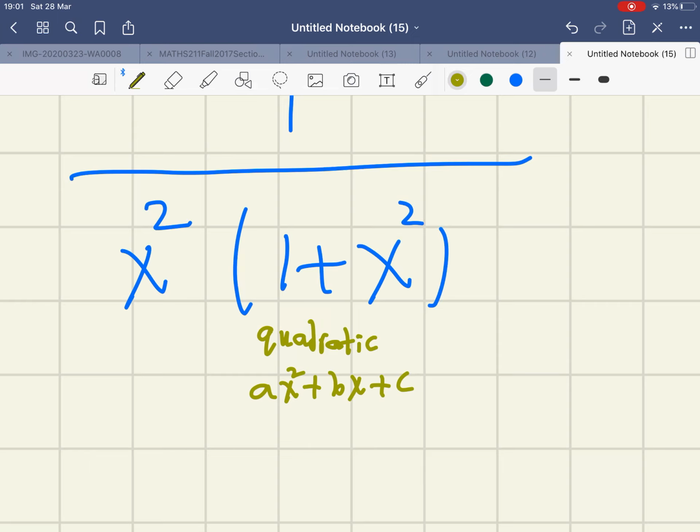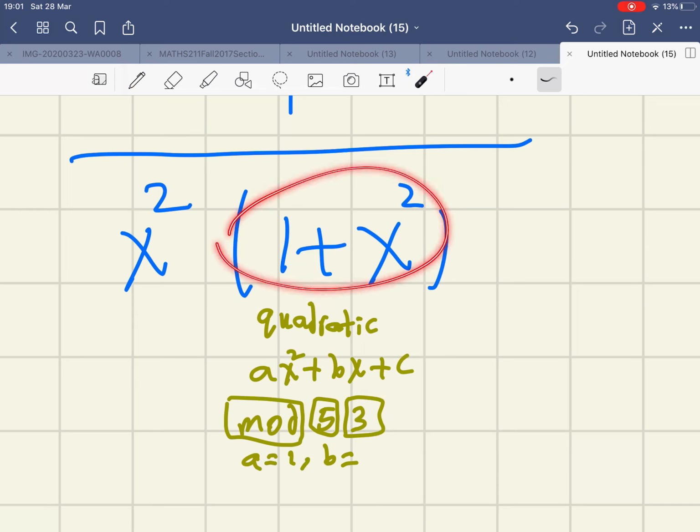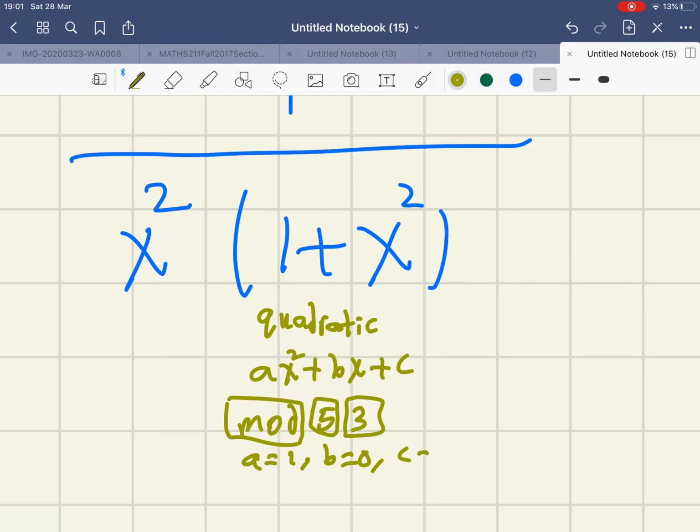Now, go to your calculator and do the polynomial solver, mode 5 then 3. If you do that in your calculator, the calculator will ask you for the value of a, you will write 1, the value of b, the number in front of x, because I don't have anything in front of x, this would be 0, and finally the number without an x, which is 1.